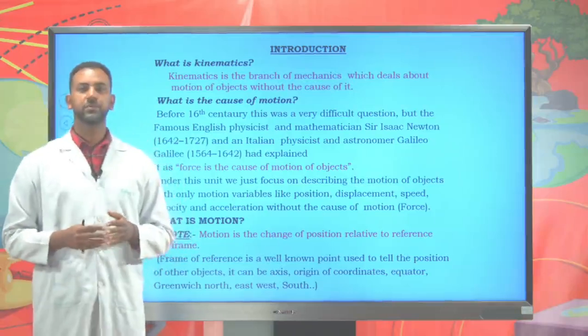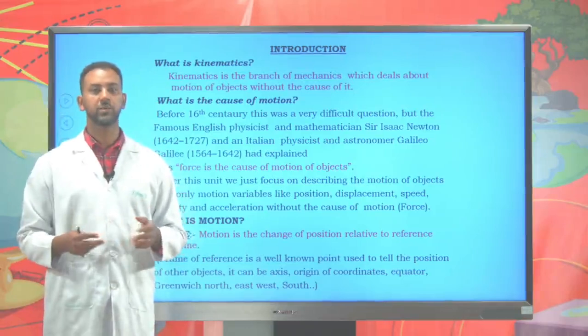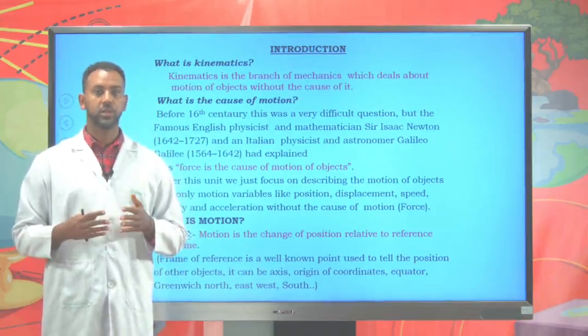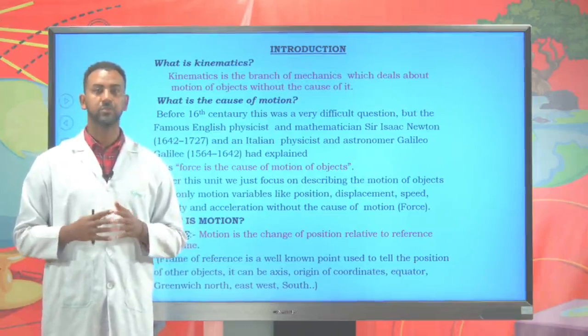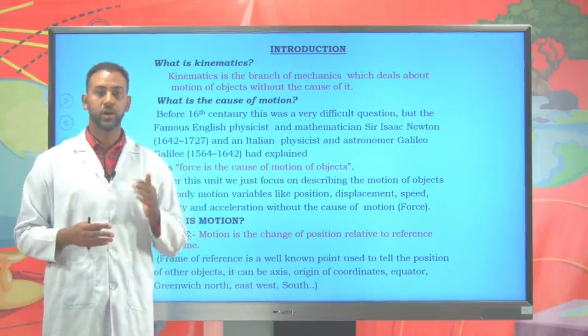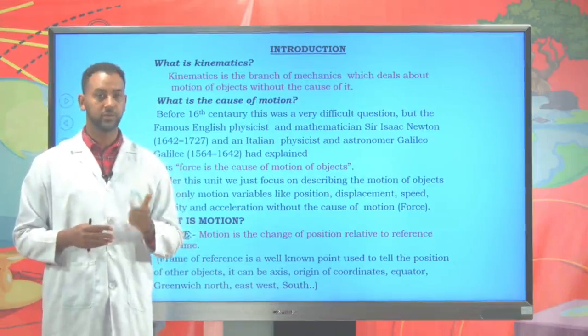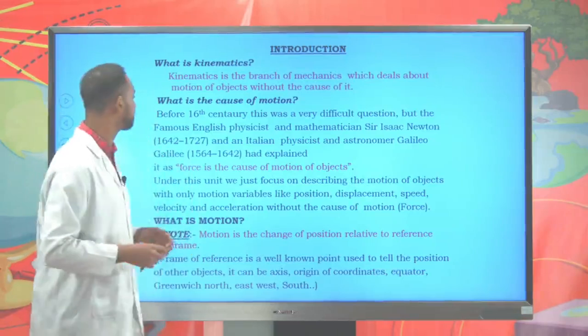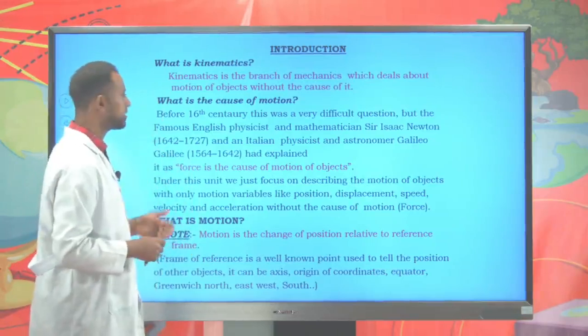First, let's try to define what kinematics is. Kinematics is a branch of physics which studies motion and motion variables, but not the cause. The cause of motion is force. We are not investigating force here. We only focus on motion and motion variables. So what is motion?